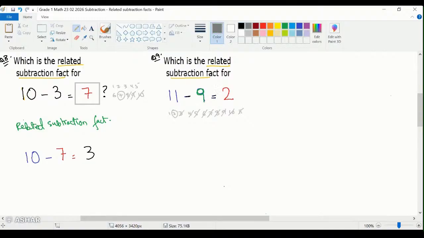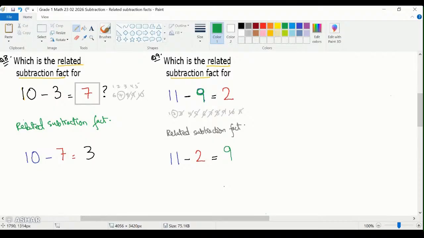For the related subtraction fact, what we do is we simply swap the positions of the smaller numbers. That would be 11 minus 2 should be equals to 9.